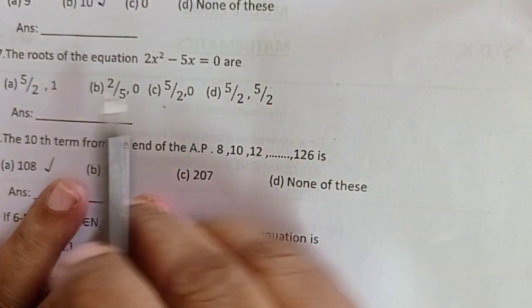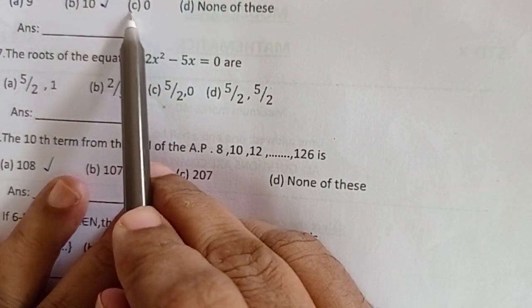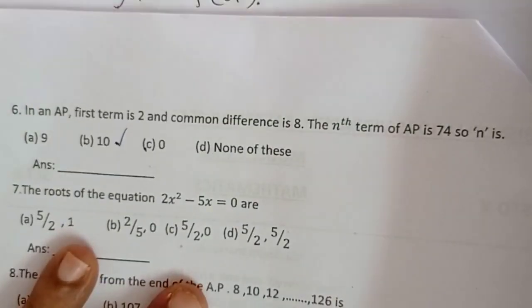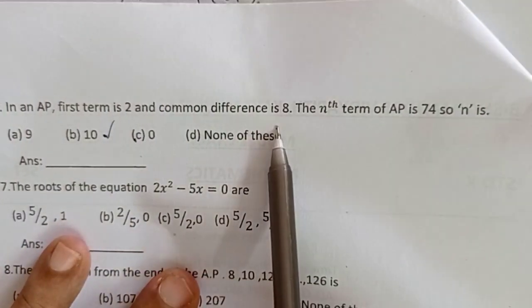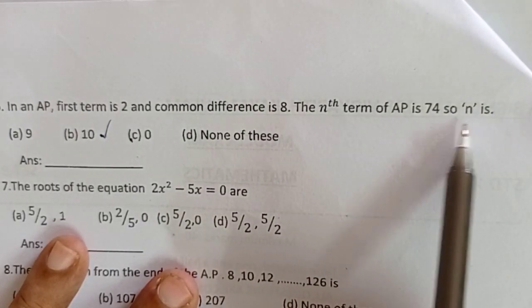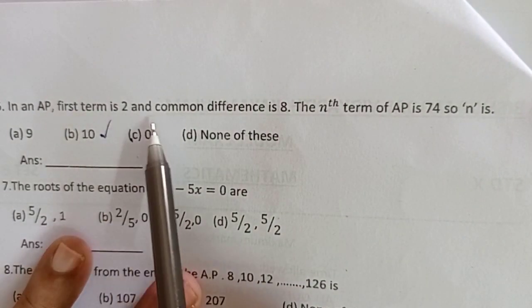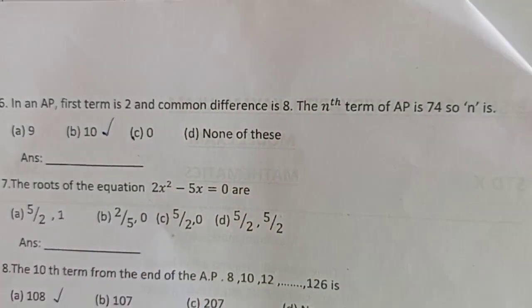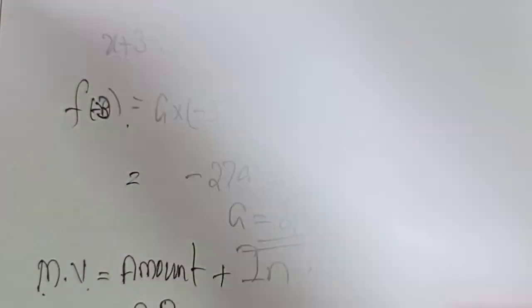In an AP, the first term is 2 and the common difference is 8 and the nth term is 74. So n is, I will repeat, the first term 2, common difference 8, and the nth term is 74. Okay, all of you look here once again.